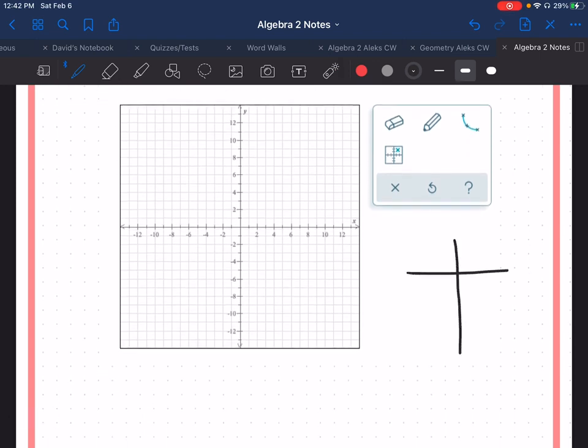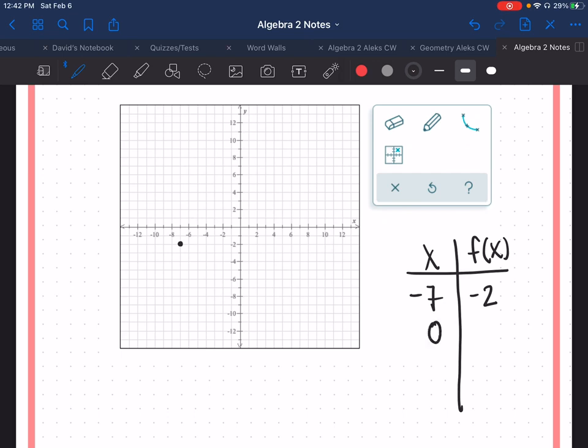So you could put in -7, -2, and there's a little green button, and Alex will automatically put the point on the graph for you.